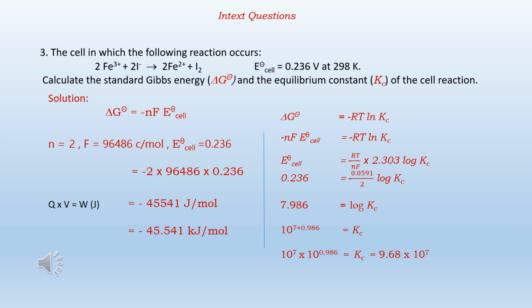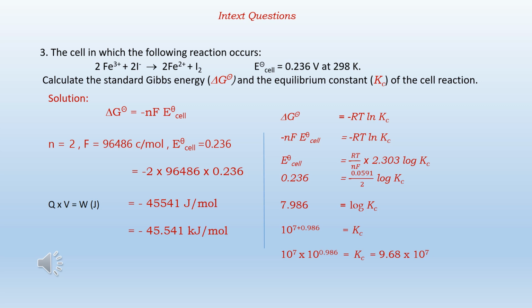Since the delta G naught value is calculated in kilojoule per mole, it has to be converted from joules to kilojoules. When you convert joule to kilojoule, you divide by 1000. If you divide by 1000, you will get 45.54 kilojoule per mole. Units are very, very important. You should not neglect them.